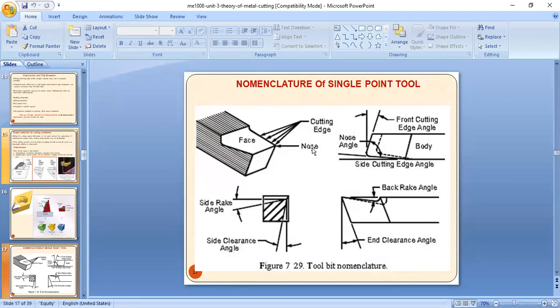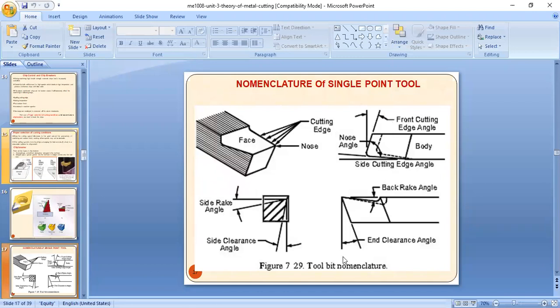Already we know this. The second diagram is related to the front cutting edge angle and the side cutting edge angle, and the others are the nose. This is the front cutting edge angle, a line drawn perpendicular to the base of the tool to the axis which is formed with the nose. That is the front cutting edge angle.